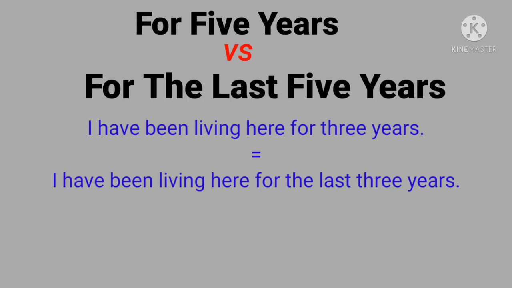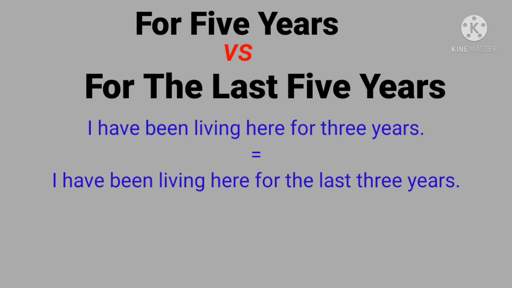But when you use them in the present perfect, be careful with "for" plus period of time and "for the last" plus period of time. They could mean different things.